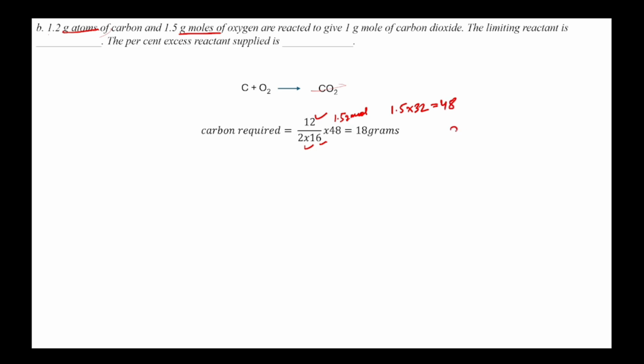Why? Because number of moles is equal to given weight upon molecular weight. So N is 1.5, into molecular weight 32 of O2, that is given weight, that is 48. So 18 grams. But how much do we have carbon in our question? 1.2 gram. So this will be our limiting reactant.